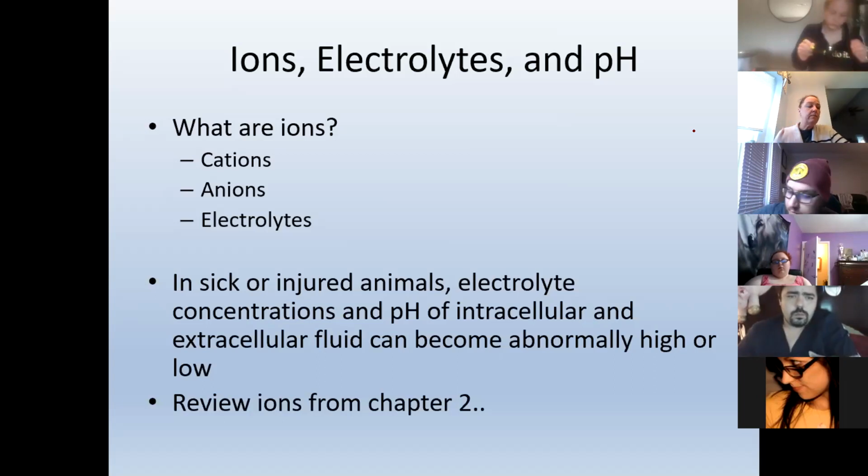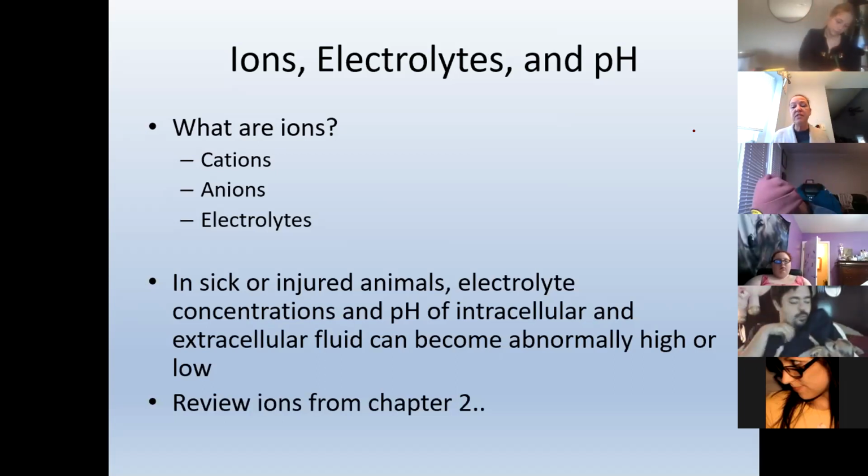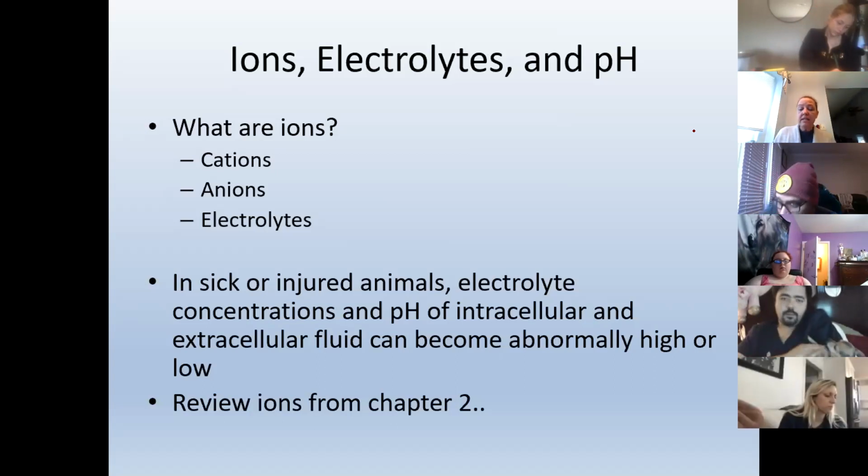Some examples of molecules that function as electrolytes would be potassium and sodium, calcium and phosphorus. All of these have very specific, very important jobs within the body. And so it's really important that we are able to monitor and replenish these electrolytes if we need to.